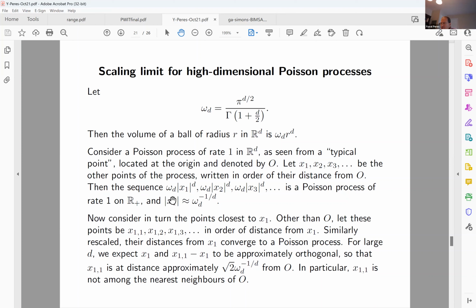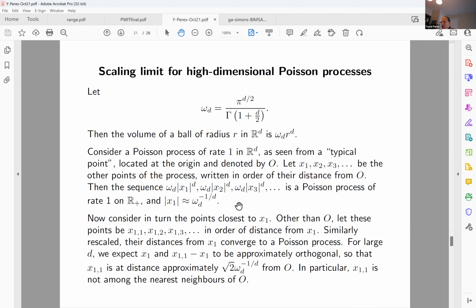The distance to the first point will be asymptotically concentrated in this value, the volume of the unit ball to the power of minus 1 over d. So as d goes to infinity, we will definitely find the first point within 1 plus little o of 1 of this distance. And the second point and the third point and the fourth point will all be very close to this distance.